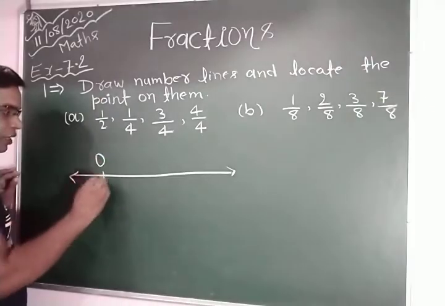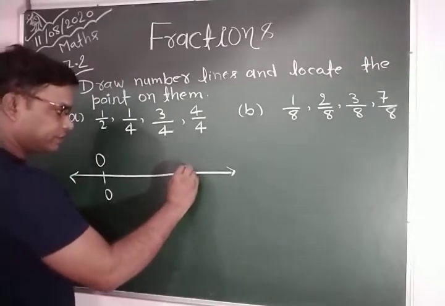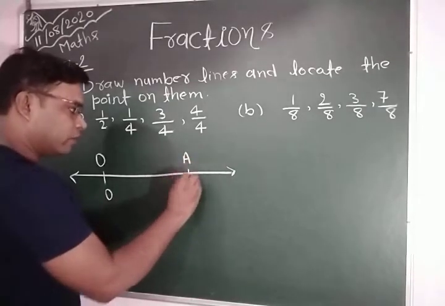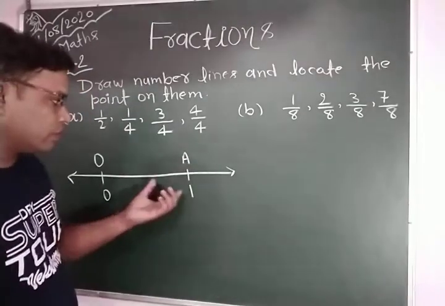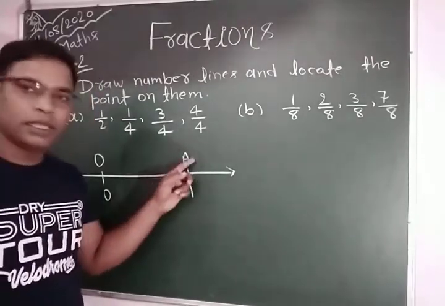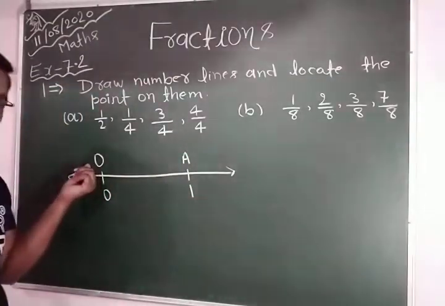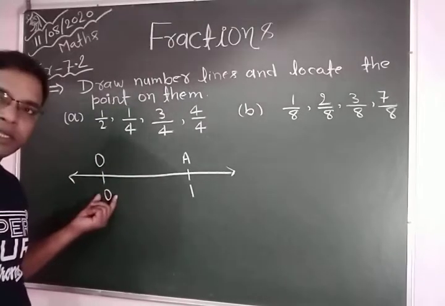We represent 0 at point O, and here 1. We represent 1 at point A. This is 0, 1. Point A represents 1, and point O represents 0.